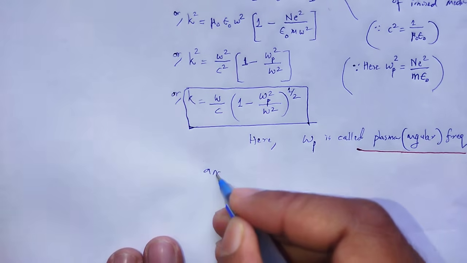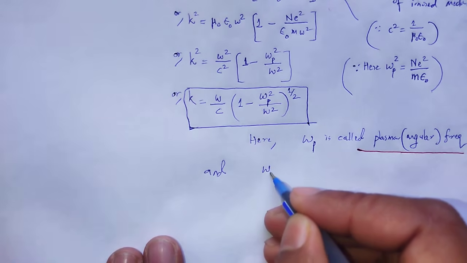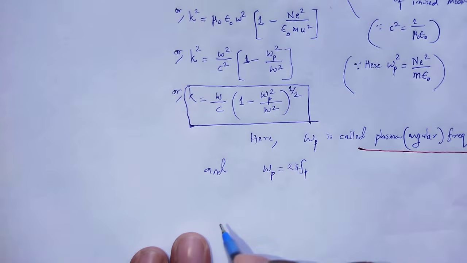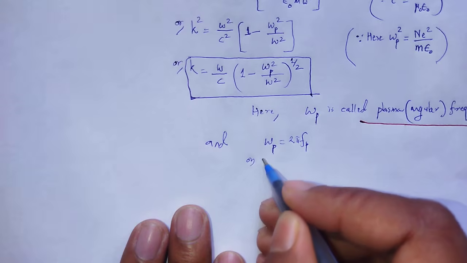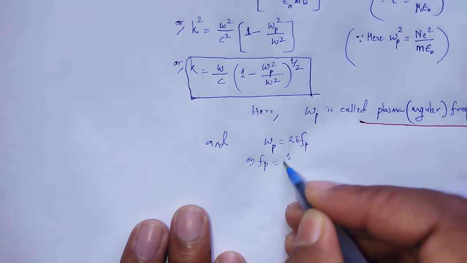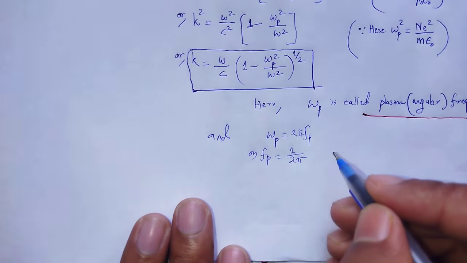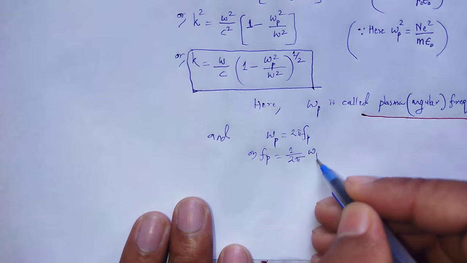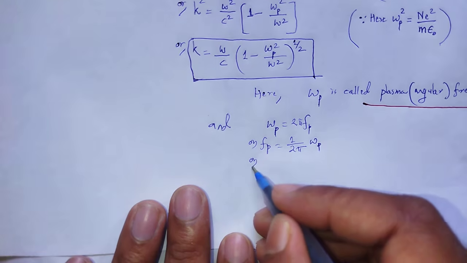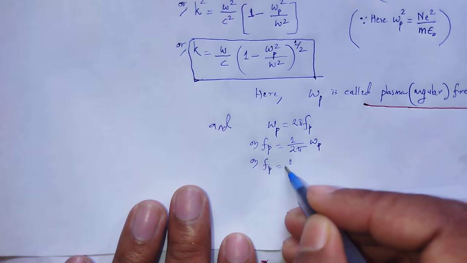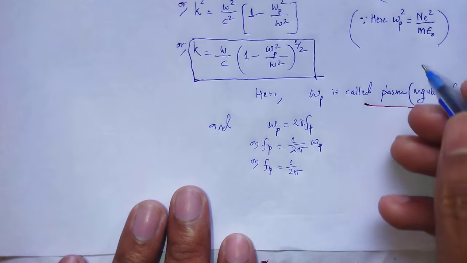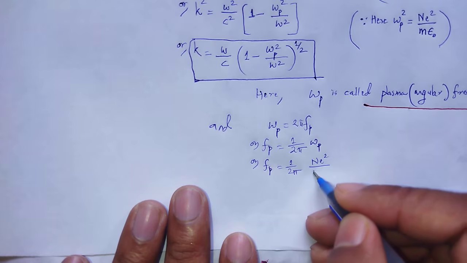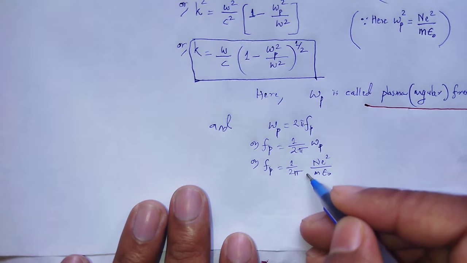And as you know, omega p is equal to 2 pi fp. Therefore, fp is equal to 1 by 2 pi into omega p. Therefore, fp is equal to 1 by 2 pi, in place of omega p, that is under root of n e square divided by m epsilon naught.